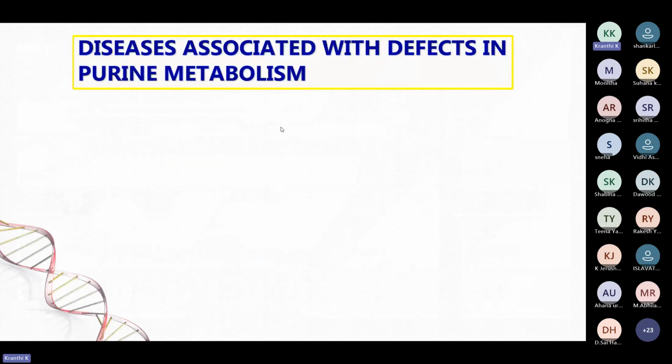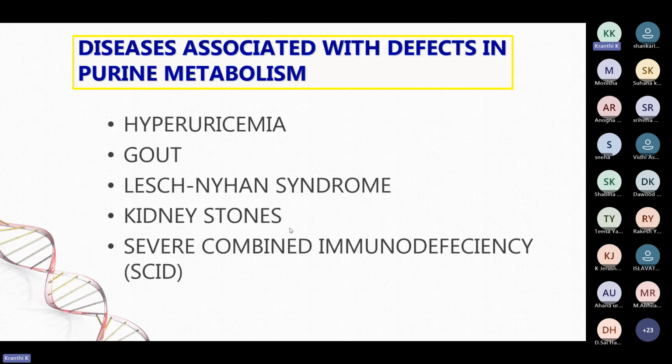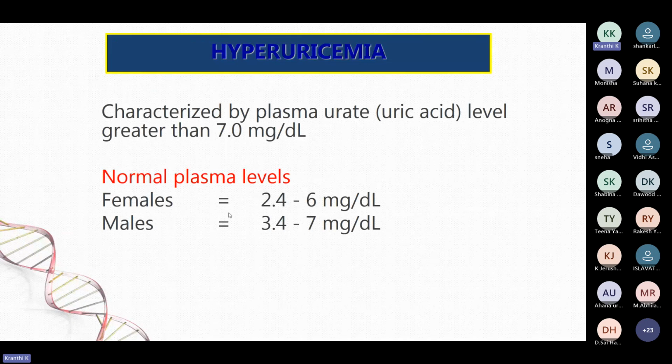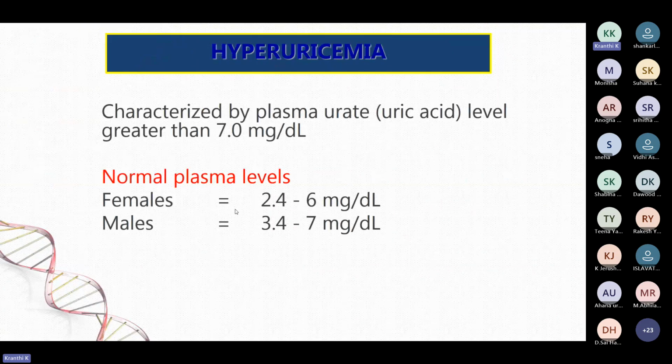Okay, then this is associated with defects in purine metabolism. Already explained this one. Hyperuricemia, gout also we discussed. Lesch-Nyhan syndrome also we discussed, and kidney stones. Even kidney stones also. Why? Because of the accumulation of the uric acid crystals, maybe in the ureters or in the bladder also. Hyperuricemia means, just now we discussed, 3 to 7.